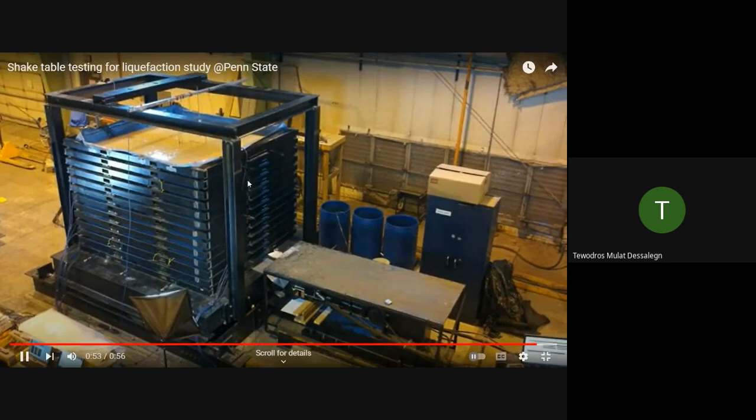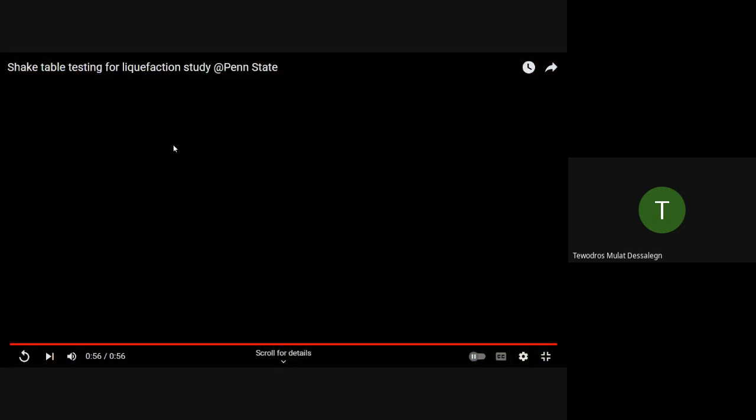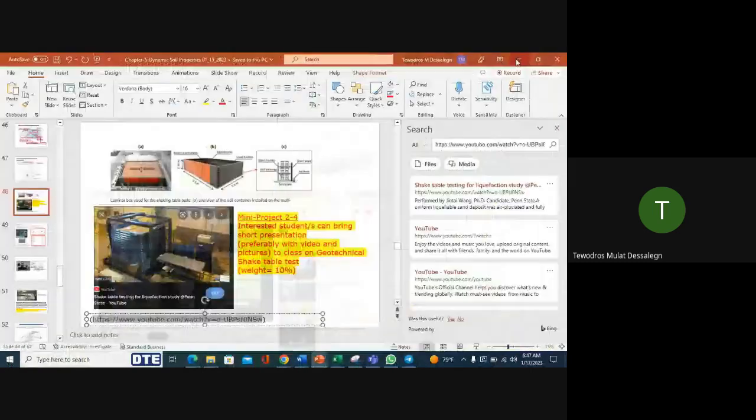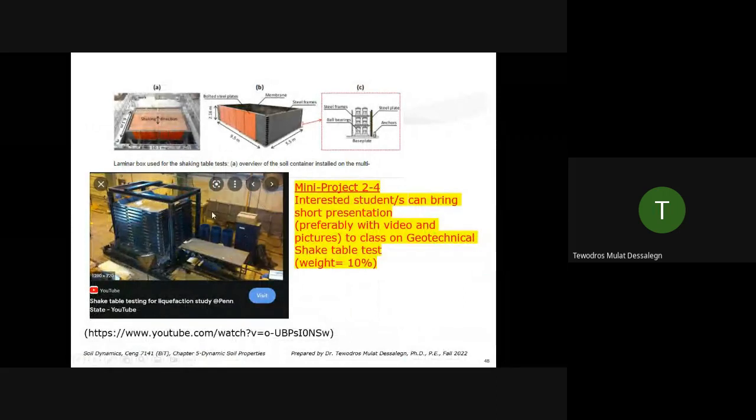This is only soil in this case, but you can have foundations implemented, or piles, and see what bending moment and shear forces act on the pile from a liquefied soil. So there is a lot of research being done, and in some cases it's already done. That's why we are able to find these freely available lab tests for shake table.